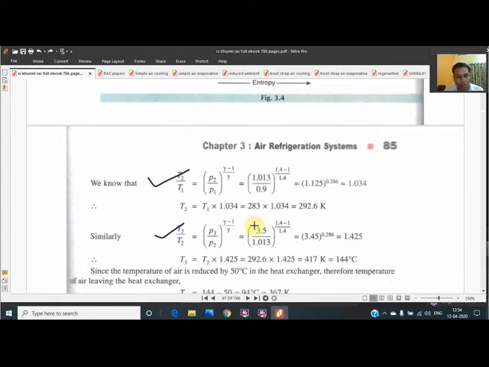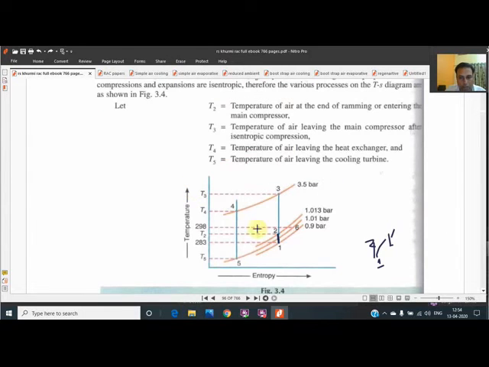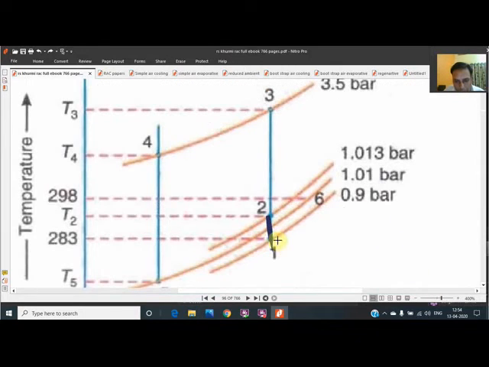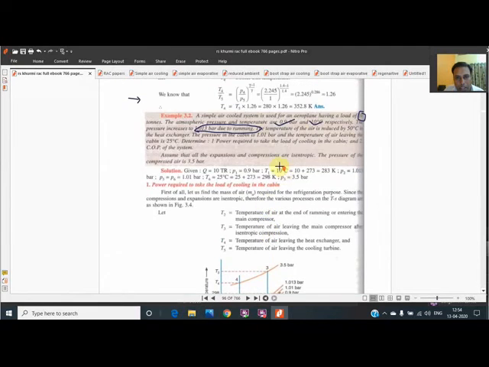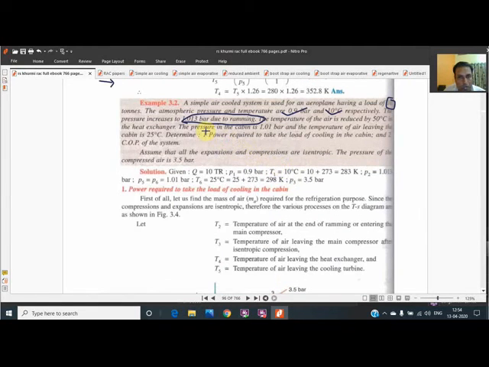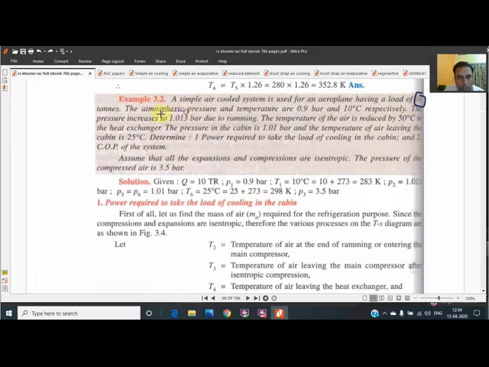And you know very well that from one equation you get one unknown. In this, what is happening? At the first point they have given pressure and temperature, and at the second point they have given the pressure. The pressure increases to 1.013 bar.